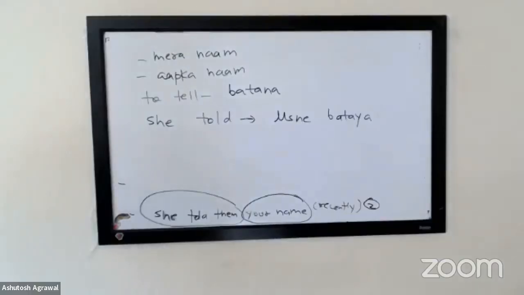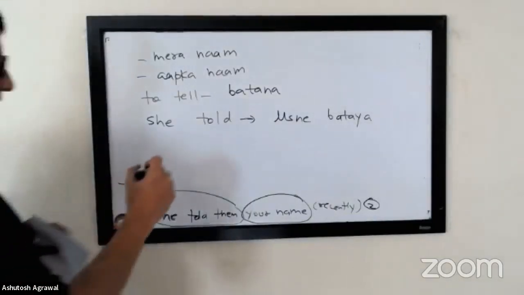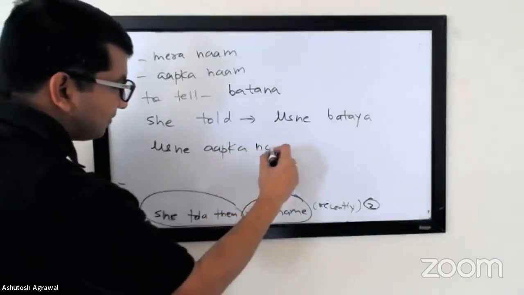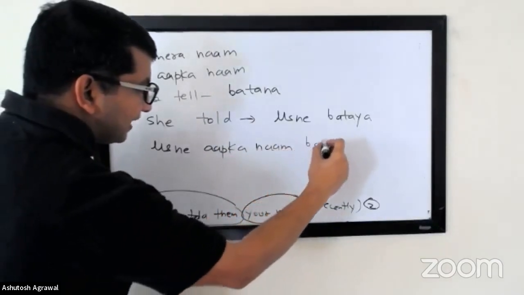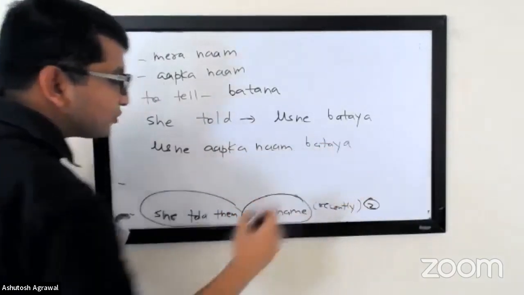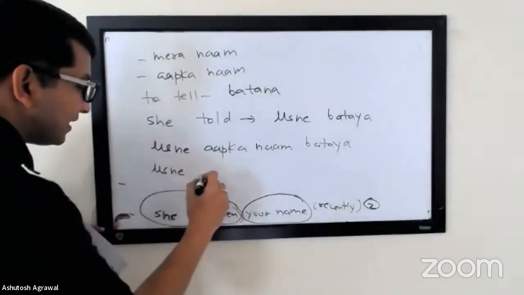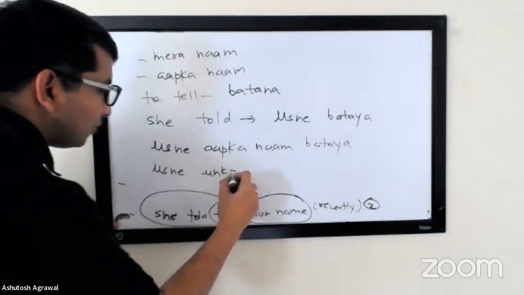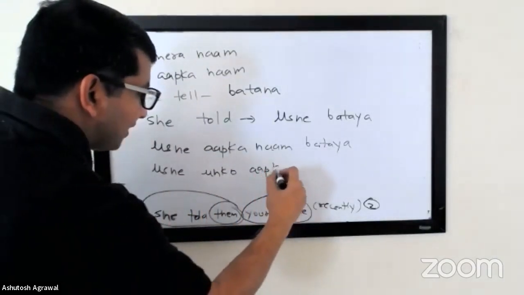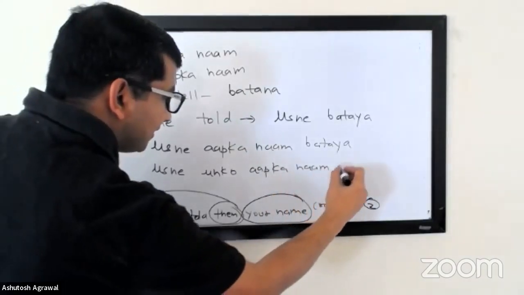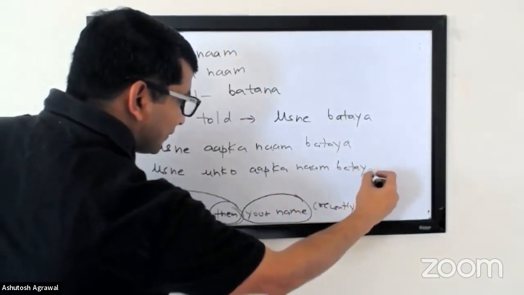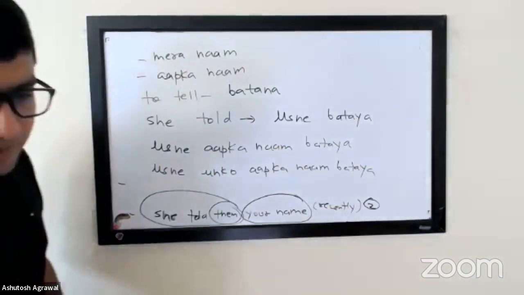Right? उसने क्या बताया? आपका नाम. उसने आपका नाम किसको बताया? उनको. Very good. A little bit of a tongue twister, right? उसने उनको आपका नाम बताया. Okay. उसने उनको आपका नाम बताया.